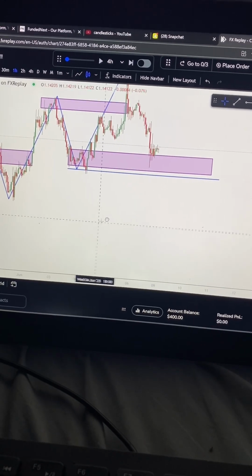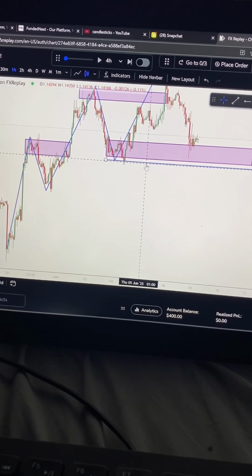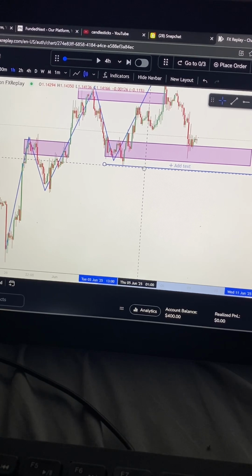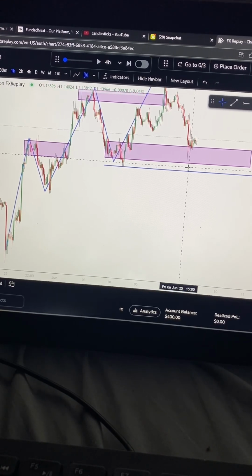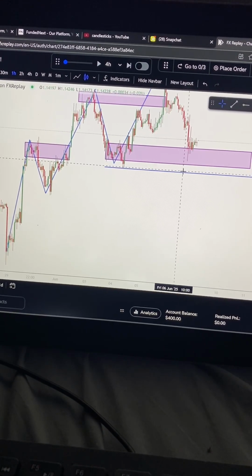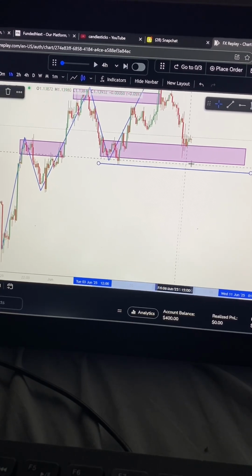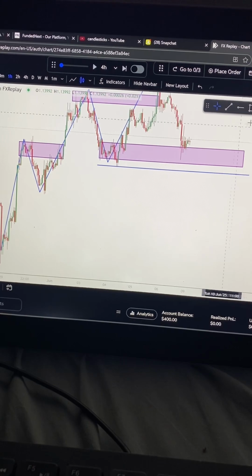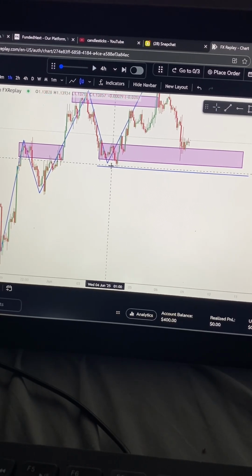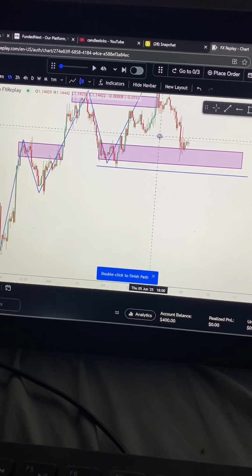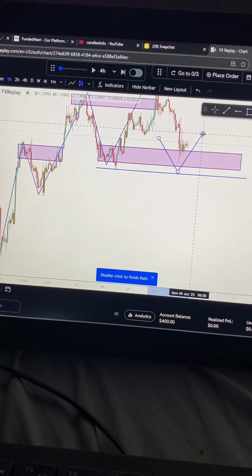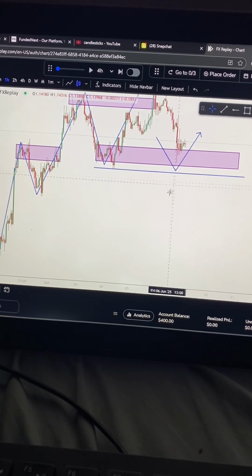The reason why it's supposed to be a candlestick close is because if you put on the wick like this, then the market reaches this level here, and you're like, oh, it's not just a downtrend because the market has broken past a level.